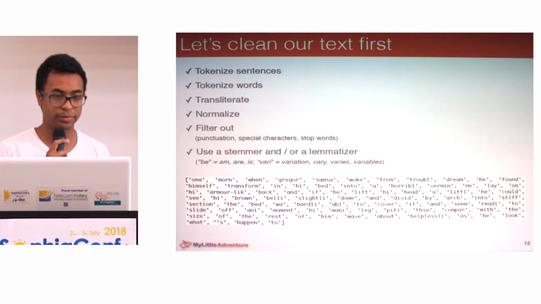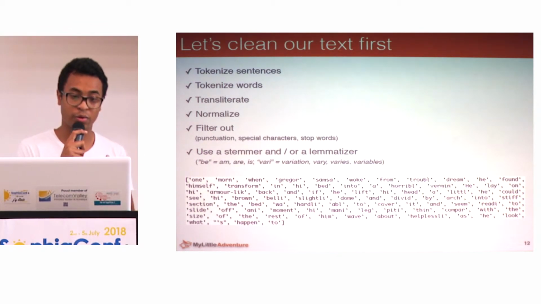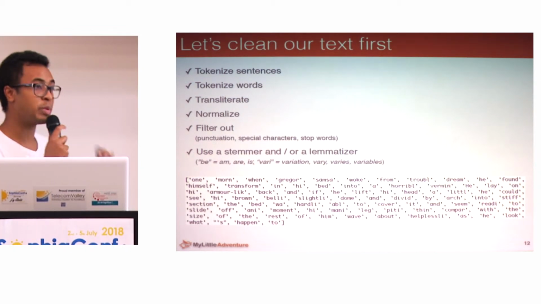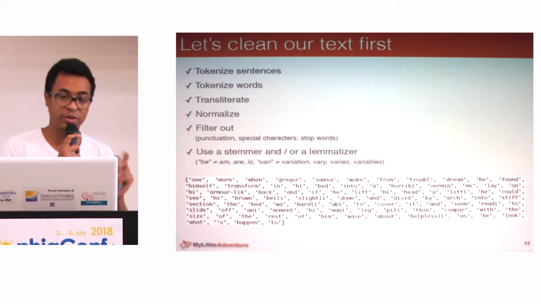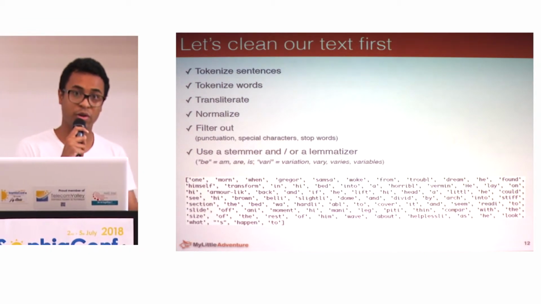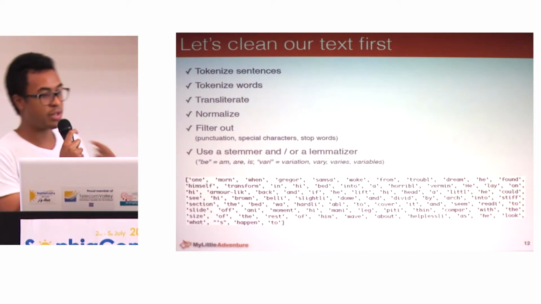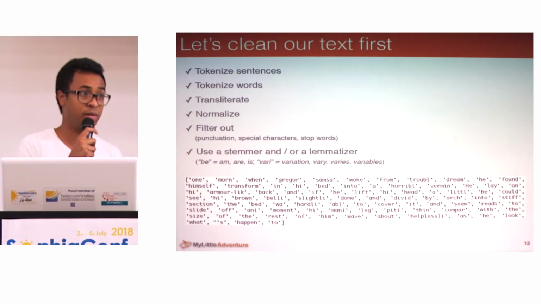You also can use a stemmer or lemmatizer. It's a piece of code or a technique that you can use to change a word to its root. For example, am, are, and is can be changed to be.